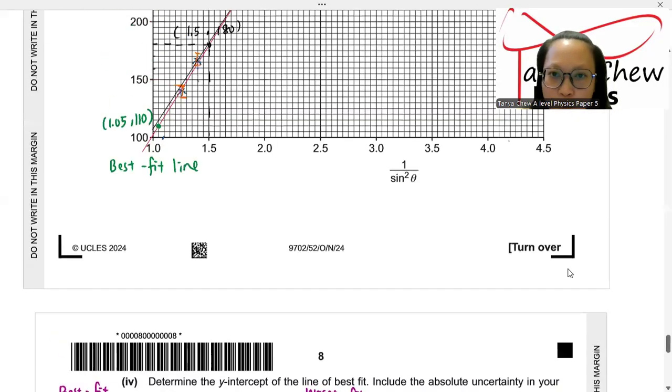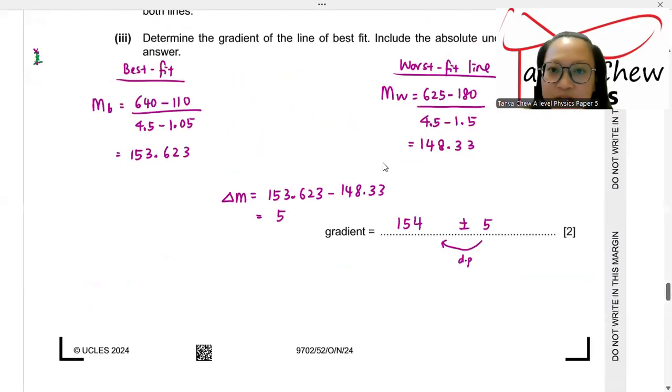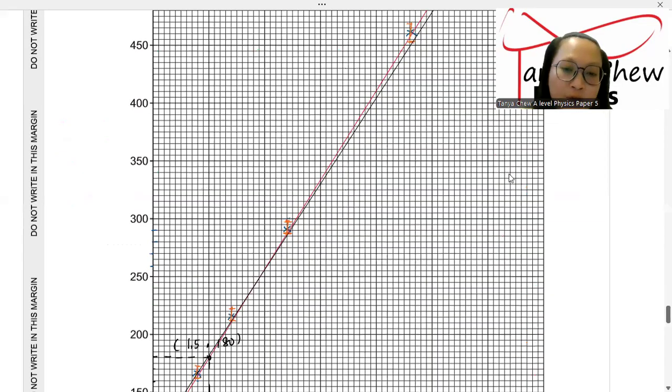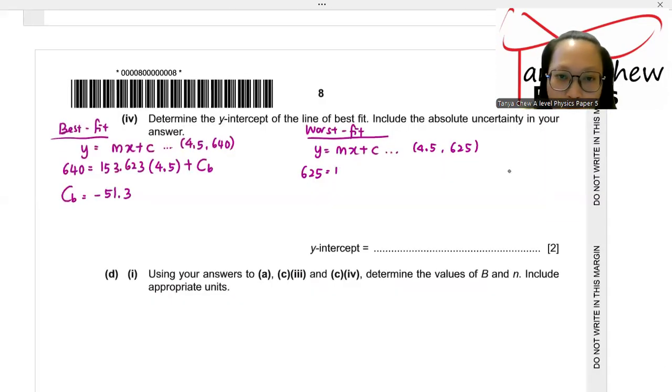Gradient of the worst fit, I take the intermediate answer, 148.33, and then x is 4.5, and C worst, y-intercept of the worst fit. So I got negative 42.5.